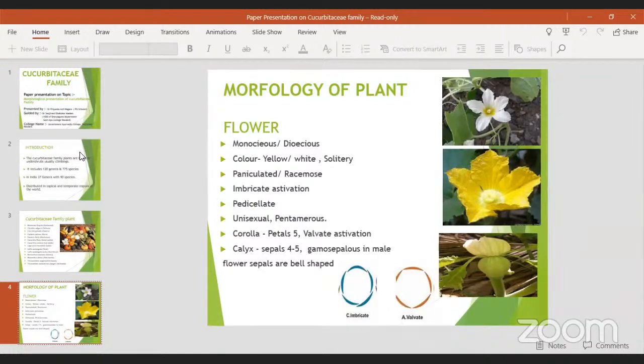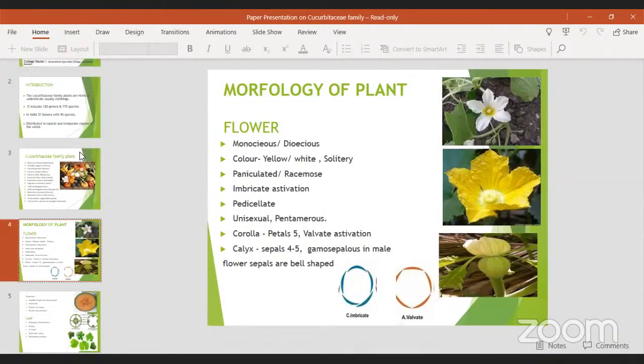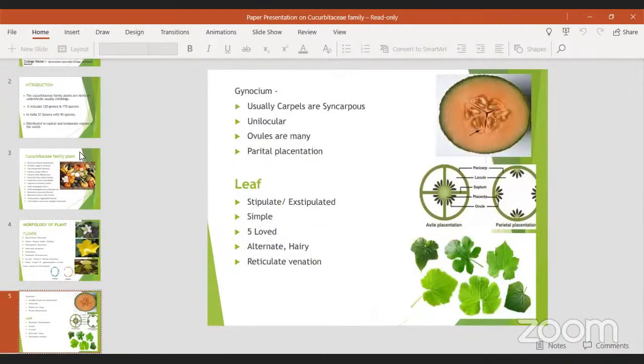The corolla has five petals with valvate aestivation. The calyx has 4 to 5 sepals, gamosepalous; in the male flower the sepals are bell shaped. The pictures of these points are shown in the PPT. The gynoecium usually has carpels, syncarpous, unilocular. Ovules are many, with parietal placentation.